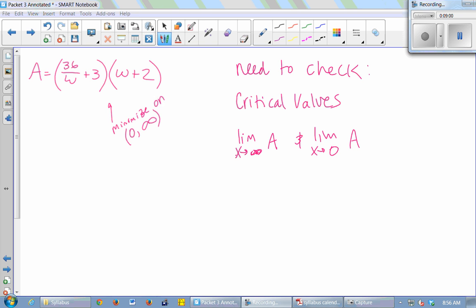And really, I only need to approach 0 from the right, because that's the domain. The left of 0 isn't in the domain. All right, so let's do these two limits first.